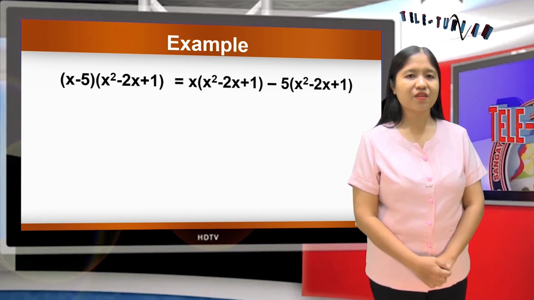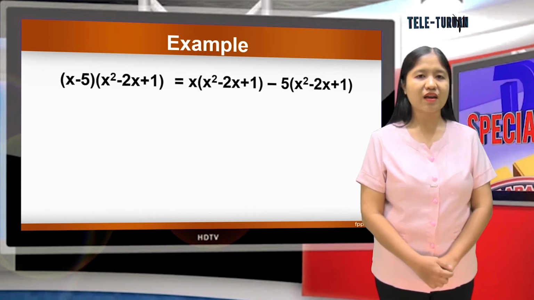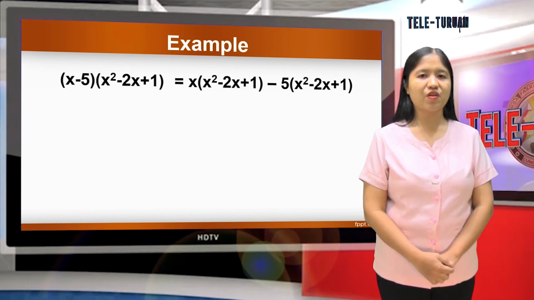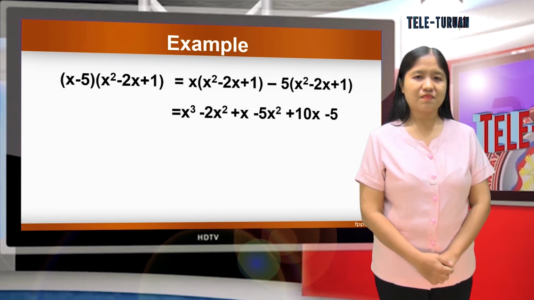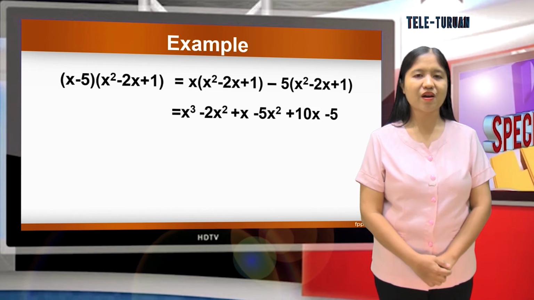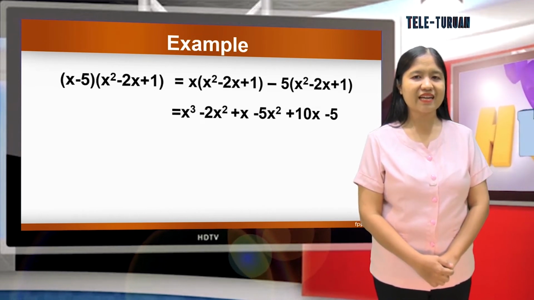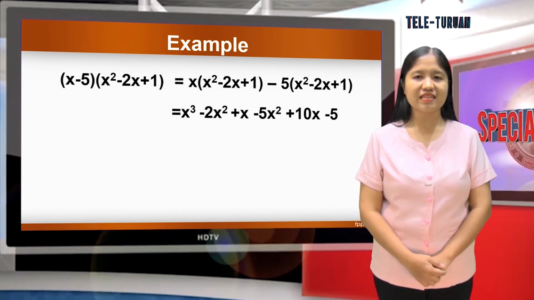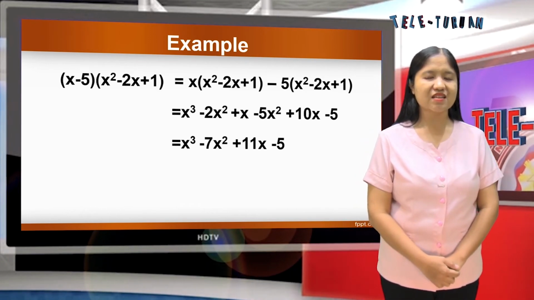First, multiply the first term of the first factor to each term of another factor, and then multiply the second term of the first factor to each term of the other factor. Simplify it, it becomes x cubed minus 2x squared plus x minus 5x squared plus 10x minus 5. Combining similar terms, the result is x cubed minus 7x squared plus 11x minus 5.